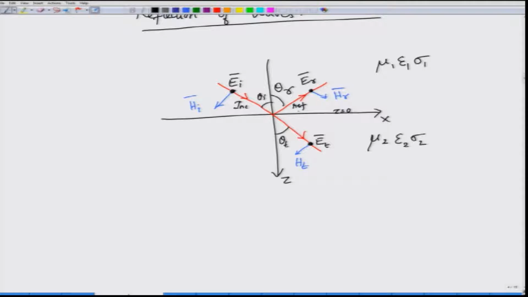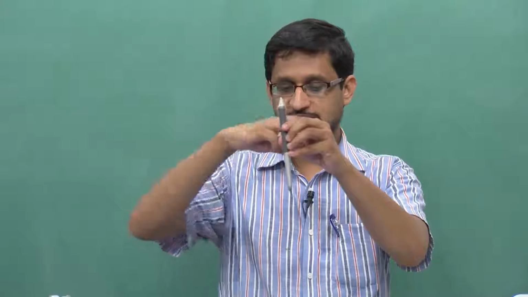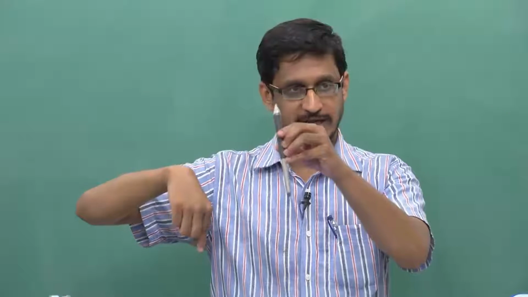Look at the orientation of the magnetic field lines, shown by the directions in blue color. For the incident wave, the magnetic field is directed in this particular direction, for the reflected wave it is directed here, and this is the direction for the transmitted wave. Does it make sense? Yes. So, you have to now think that the electric field is perpendicular and coming to you. So, E cross H will be going along the k direction.